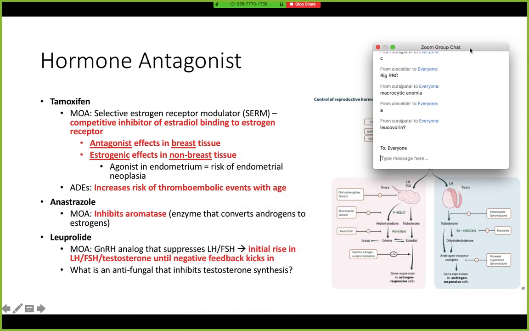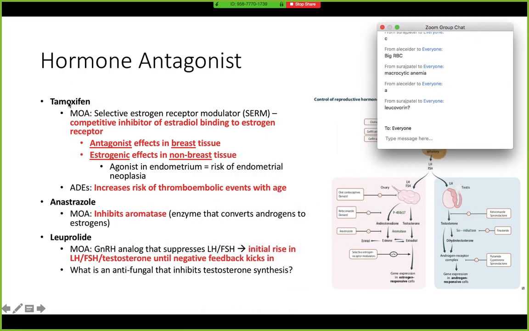So the big thing here is the fact that tamoxifen is an antagonist in breast tissue, but it has estrogenic effects in non-breast tissue.